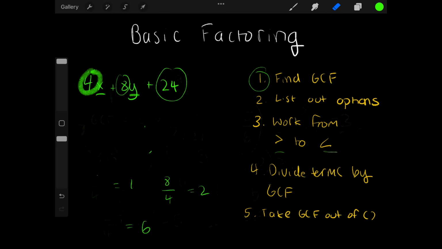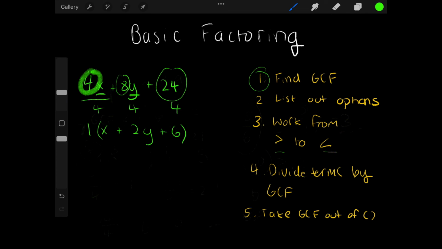So now that we know our GCF is 4, let's divide our terms by the GCF. When we do that, we get x plus 2y plus 6. We put those in parentheses and take our GCF out, and we have our answer: 4 times x plus 2y plus 6. That is our factored form of the above expression.